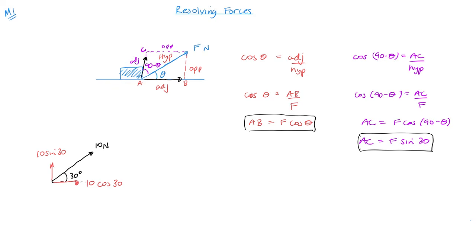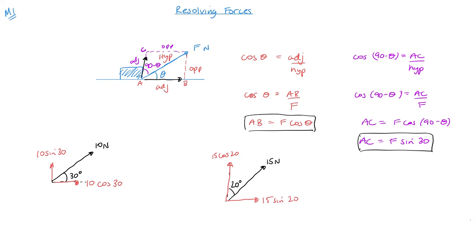But if I was given a different angle, so for example, if I was given this angle here, let's call this 15 newtons. This vertical one would be 15 cos 20, and this horizontal one would be 15 sine 20.